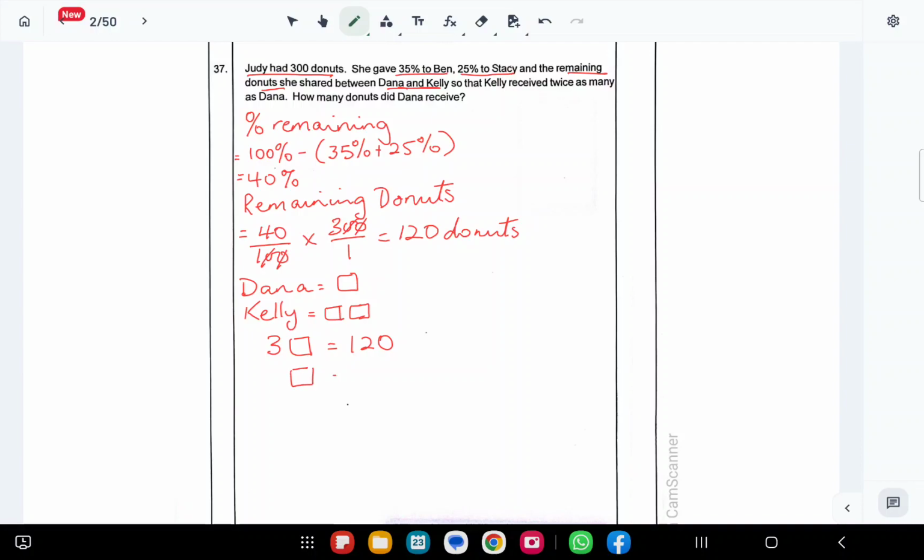So for 1 box, it will be 120 divided by 3. So that means wherever we see a box, it will represent 40 donuts. They ask how many donuts did Kelly receive? Did Dana receive, sorry? Dana is represented by 1 box. So therefore, Dana received 40 donuts.